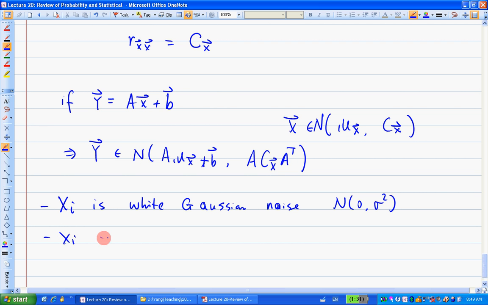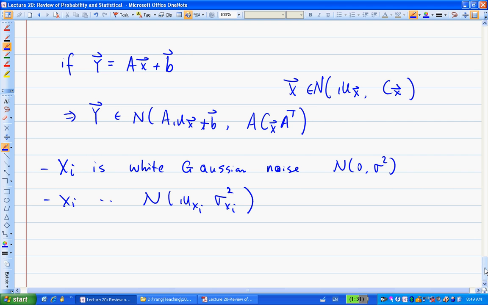Now let's say xi is not just white Gaussian, maybe it has a normal distribution but with a certain mean value here. So there are two ways of generating the noise here. If I use MATLAB, how do I generate this kind of noise?